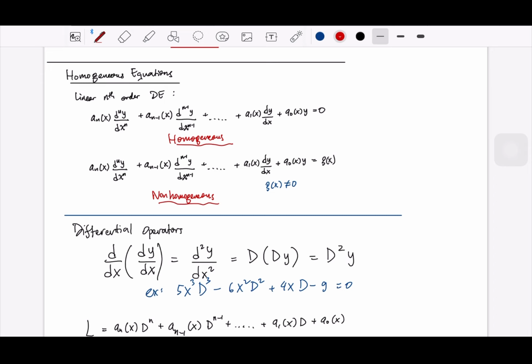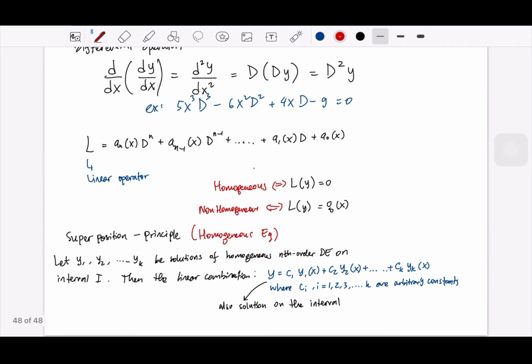And there are some differential operators that we are going to look at, maybe used in some later parts. It's actually the same thing as d/dx; we are going to change this to just capital D. Okay.